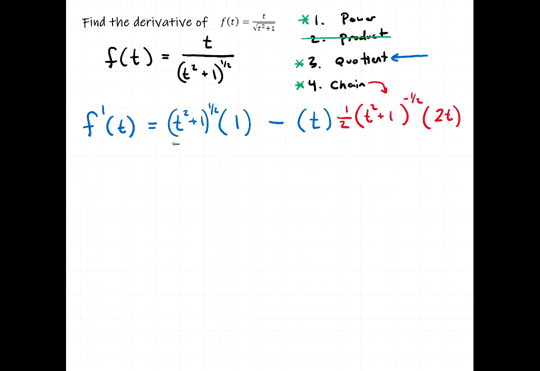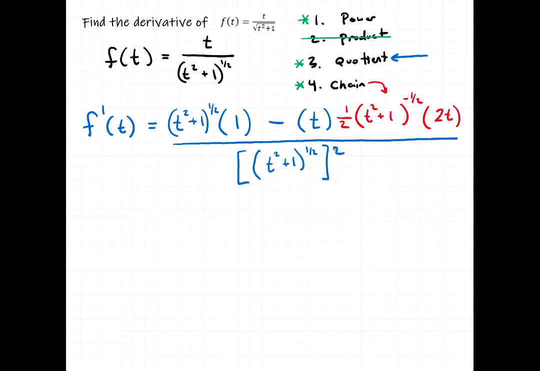So this is all over the denominator squared. So t squared plus 1 to the 1/2 squared. The 1/2 power and the square cancel. So t squared plus 1, all to the 1/2 power, and that's all squared.